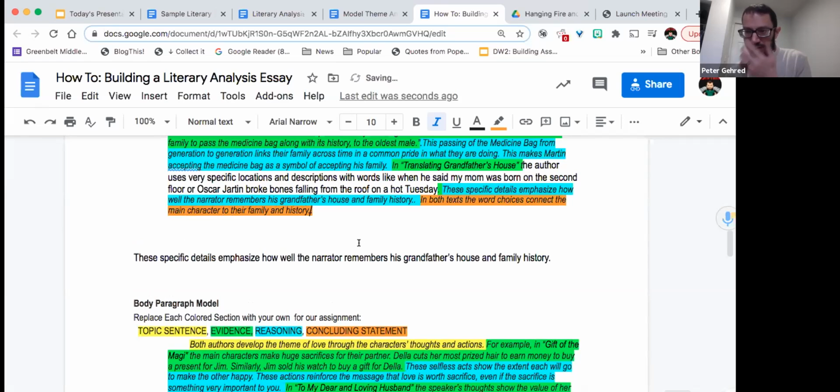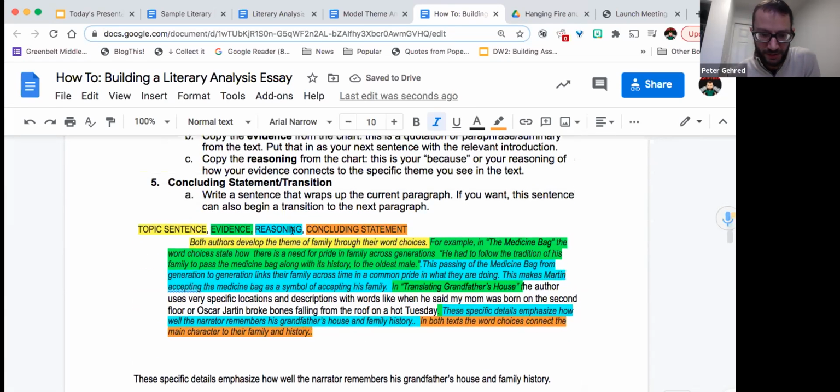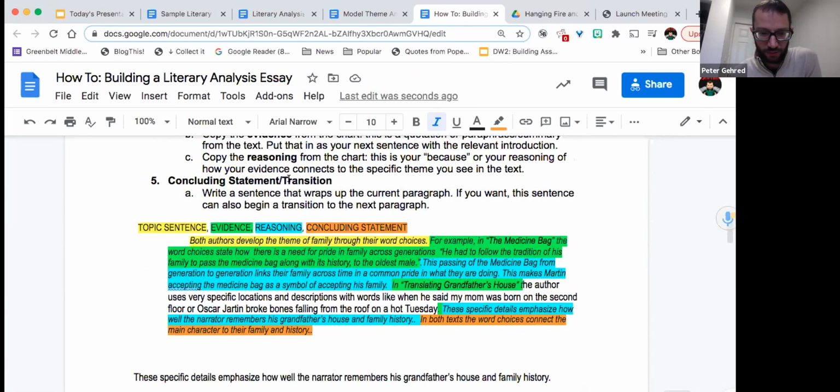You can see the conclusion will just flow out of the text. We say concluding statement transition: write a sentence that wraps up the current paragraph. If you want, this sentence can also begin a transition to the next paragraph. Ours just wrapped it up. So that's how you make a concluding sentence. All right, thank you very much. Hope this was helpful.